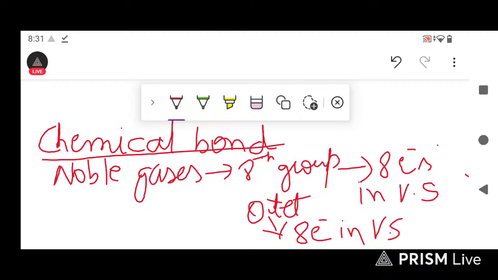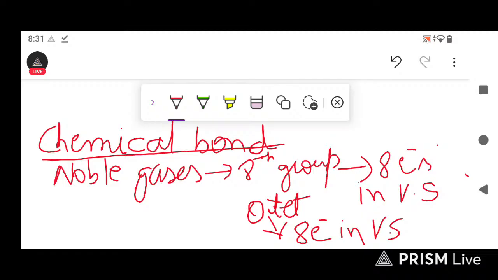Some atoms have 1 electron, some have 2, some have 3, and some have 4 electrons in their valence shell. They want to gain stability by completing their octet.